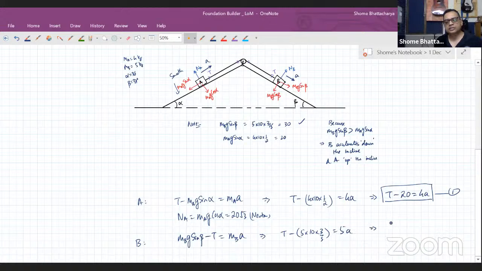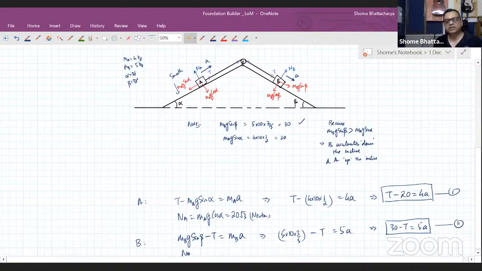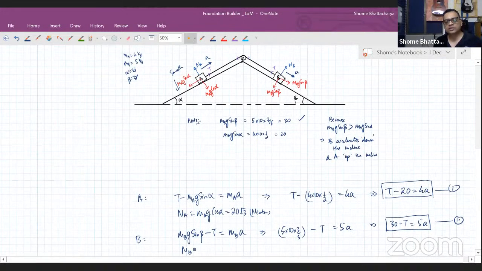My mistake, we reverse this. So this is 5g sine 37 minus T, which should be equal to mass into acceleration, that's 5a. So this will become 30 minus T is equal to 5a. So these are the two important equations, equation 1 and 2, which were written here. The other two equations are just supporting equations, which just give us the normal reactions, which are not really required in this question.